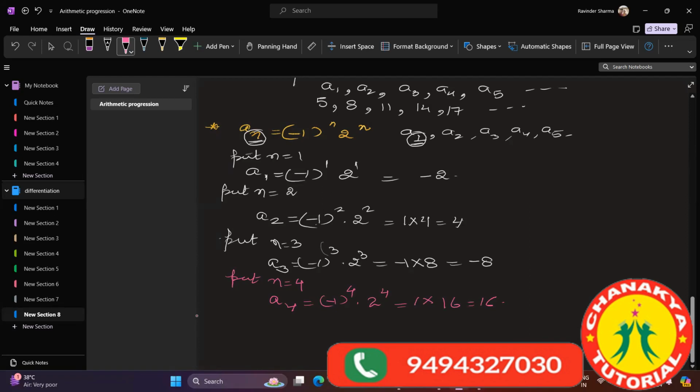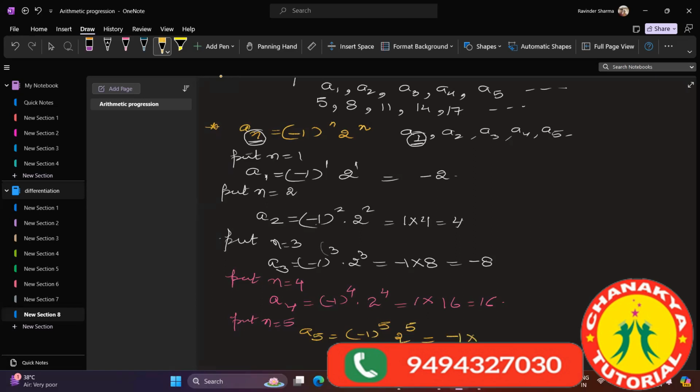Now, next is Aryan. Ma'am, put n equal to 5. A5 is equal to (-1) power 5 into 2 power 5. Now, when you multiply minus 1 five times, will you get plus 1 or minus 1? Minus 1.